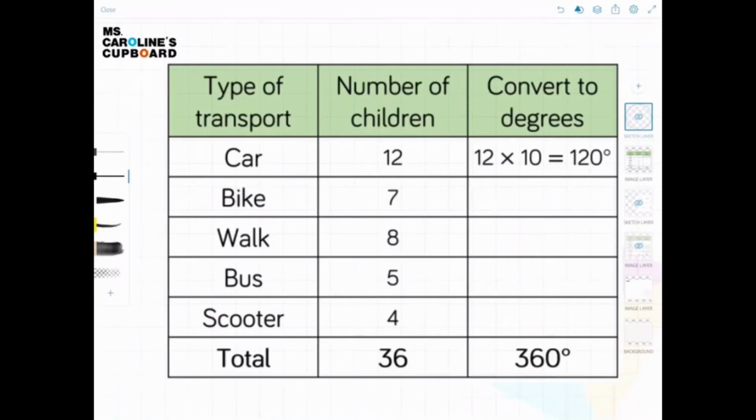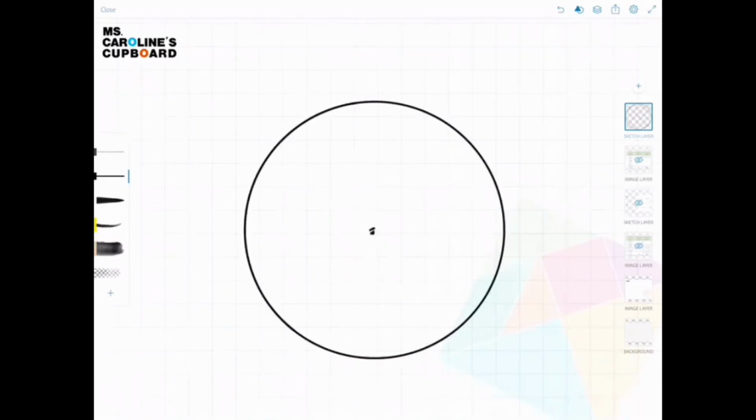36 children. So we know when we look at our pie chart that this is going to show in total 36 children. We have to show 36 children's information on here. And we know that we have 360 degrees to do that with. Okay? 360 degrees to do that with.